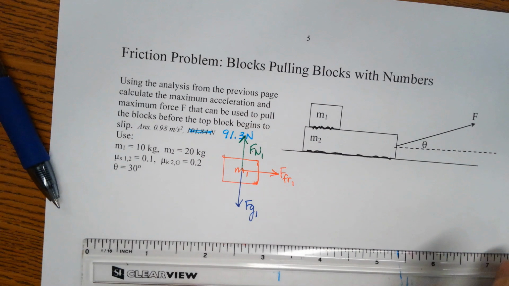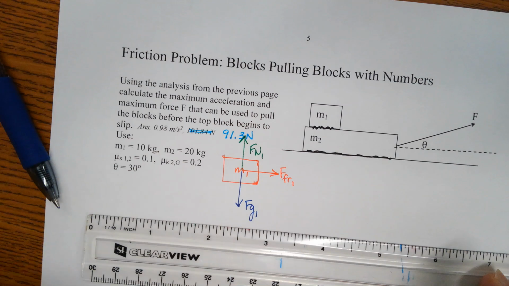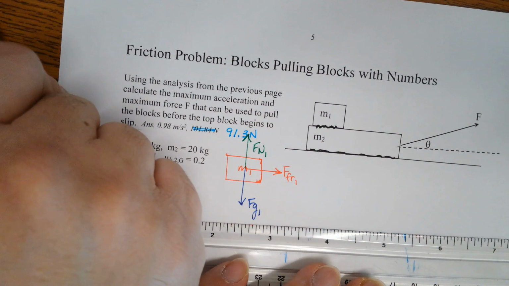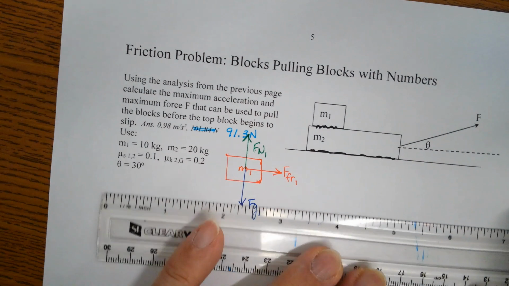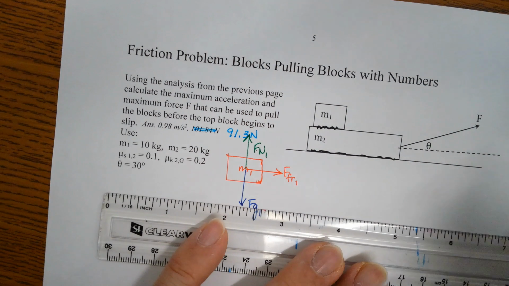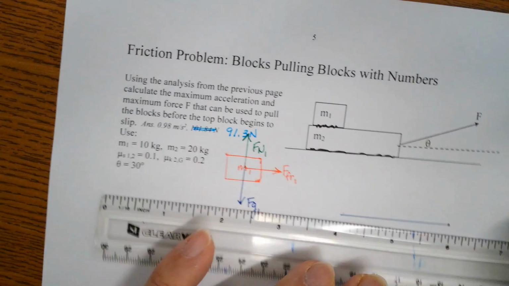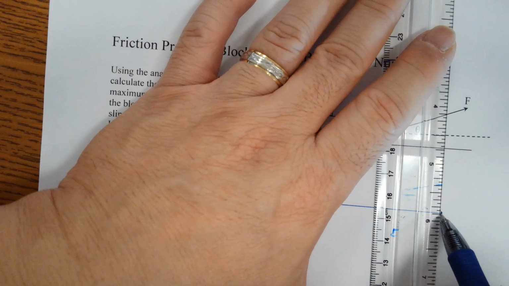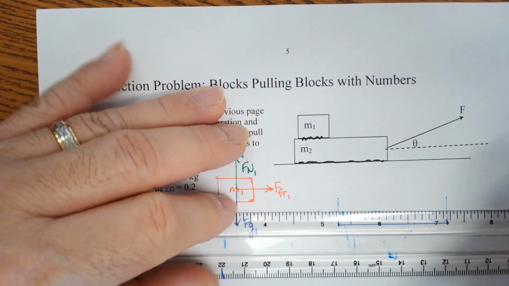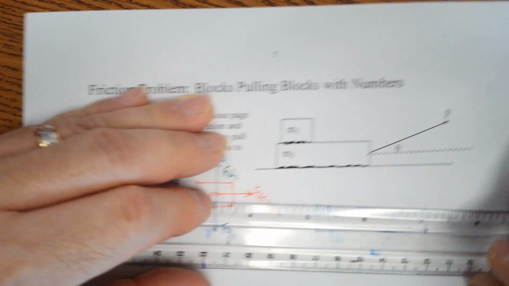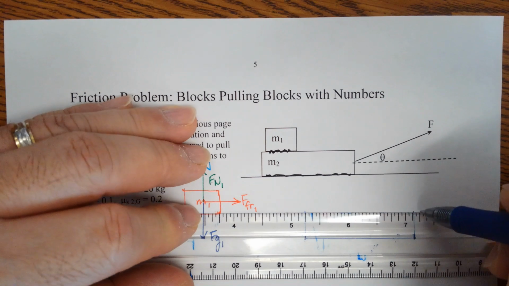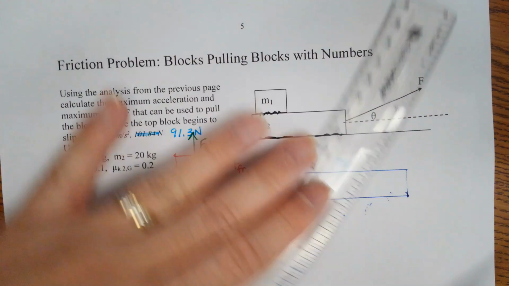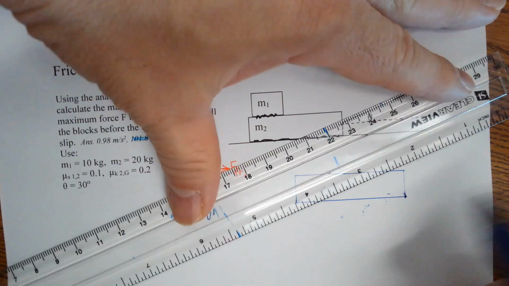Now, if we take a look at M2, this is where all the mess starts, I guess, right? M2, let me see what color I could make this. Let's make it blue. So, if we were to look at all the forces acting on M2, well, we definitely have this force right here pulling on this.